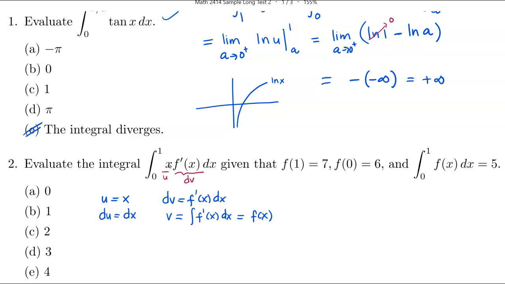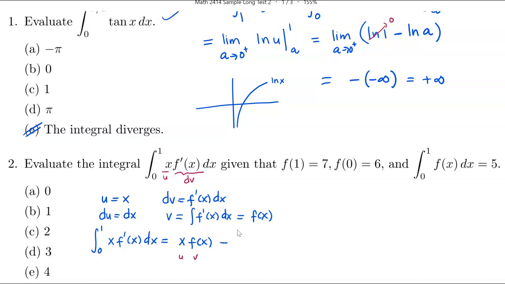And so therefore, if we try to solve this, the integral from 0 to 1 of x f prime of x dx, using integration by parts, is just equal to uv. So that means you multiply x and f of x. So that's your uv, so that's x f of x. Again, that's your u and this is your v.